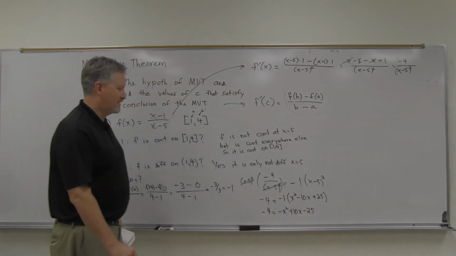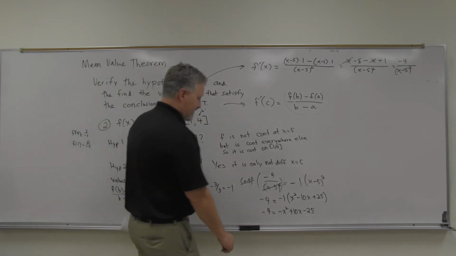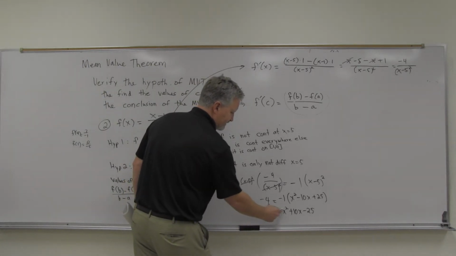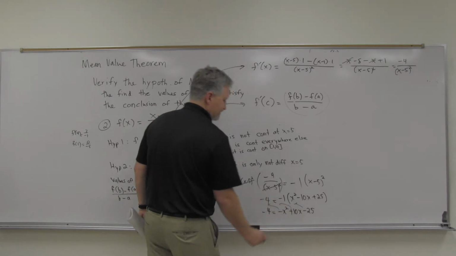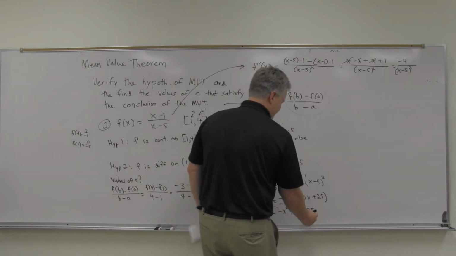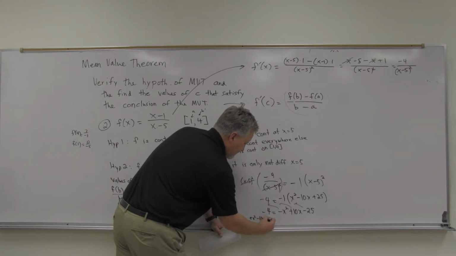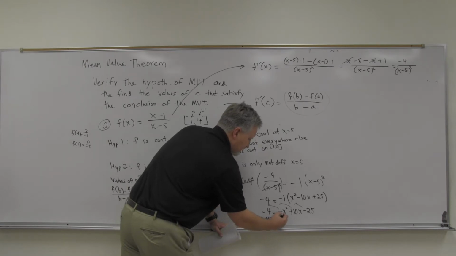Yeah, we got an x squared equation. Since x squared is negative, I'm going to bring these terms over. I'd think it's easier to go the other way, so let's add the x squared, subtract the 10x, and add the 25 to both sides.